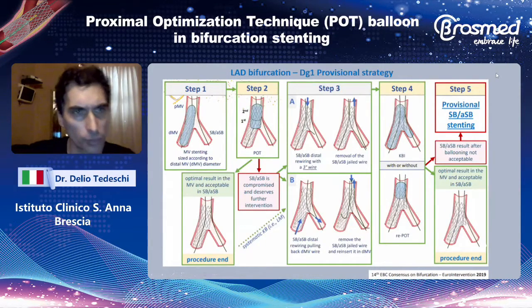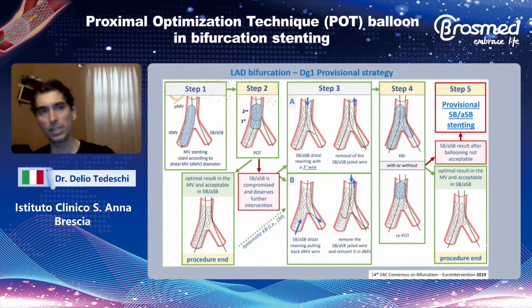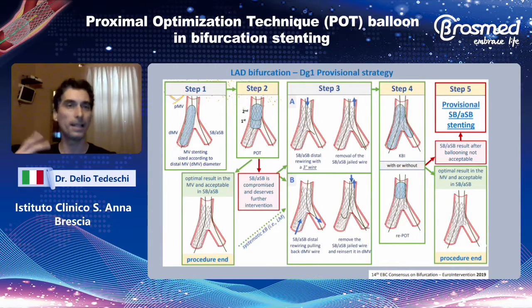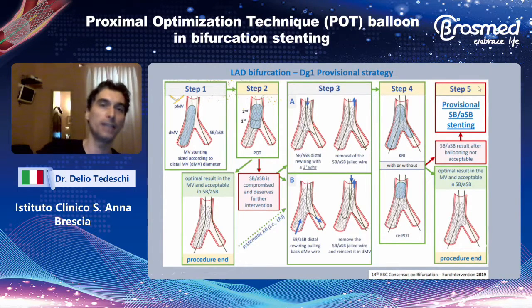So my strategy was, of course, in case of Medina 100, to perform a classical provisional stenting, so prepare the lesion with a non-compliant balloon and implant a drug-eluting stent across the side branch with a diameter sized according to the distal main vessel diameter.